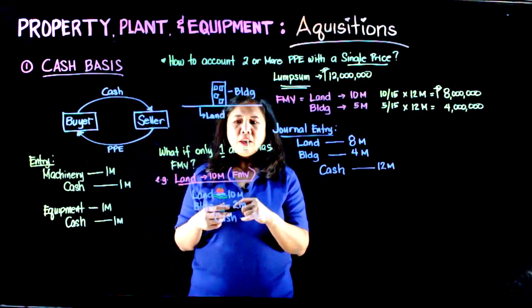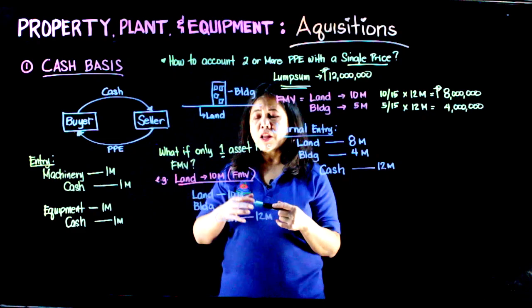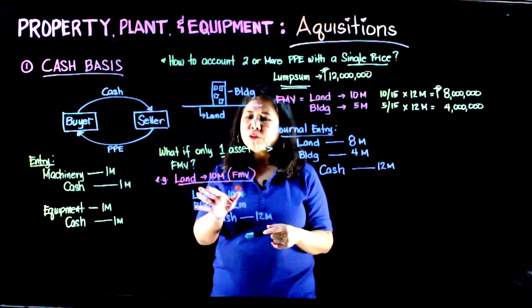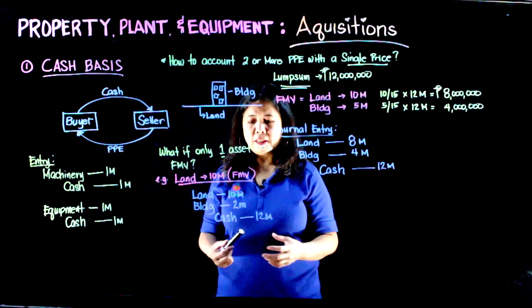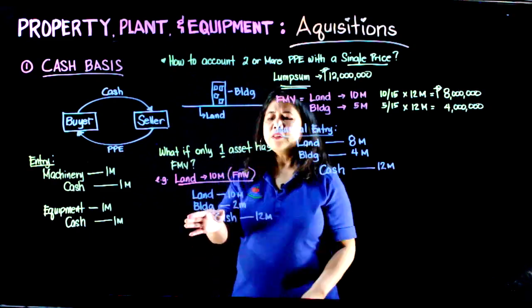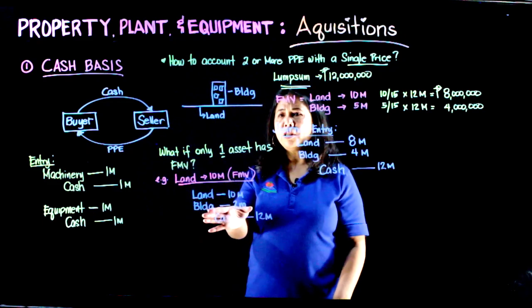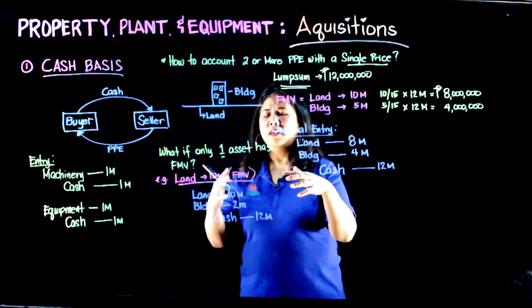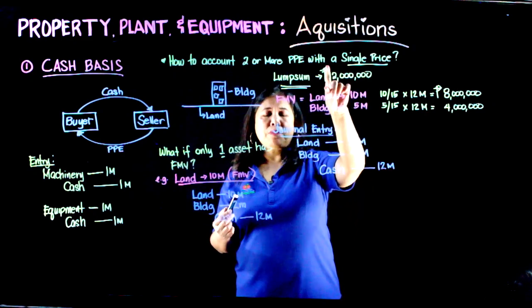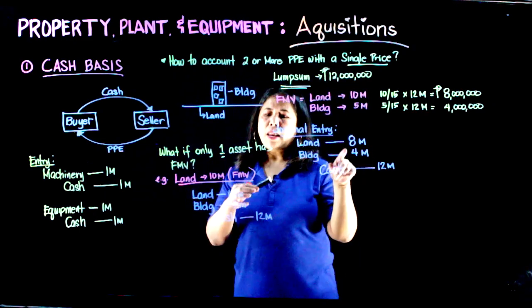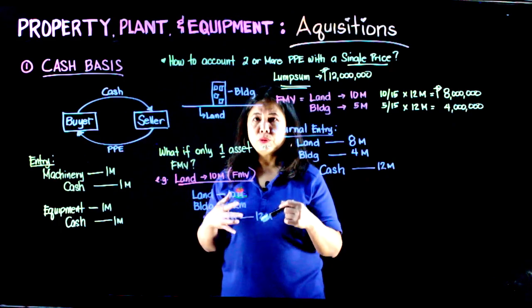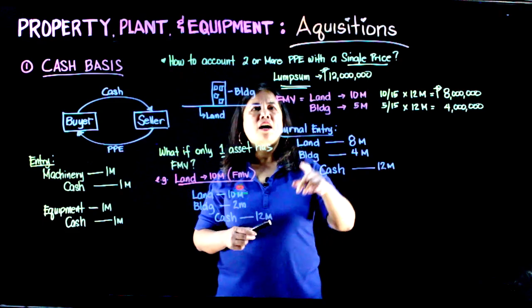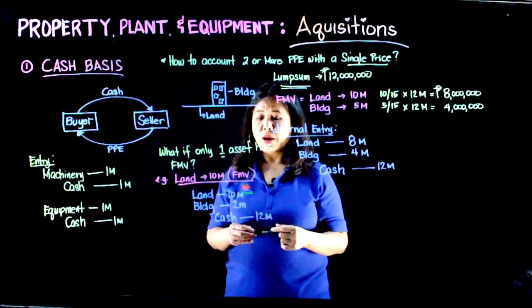So, ang ating magiging entry kapag ang fair market value ay available lang sa land, the land has a fair market value of 10 million, ang magiging entry natin is debit to land of 10 million, debit to the building of 2 million. So, the rest goes to the building. Pagkatapos nating i-deduct from the lump sum price of 12 million, lahat mapupunta na sa building, the asset na walang fair market value. Then, we credit the lump sum price of 12 million.